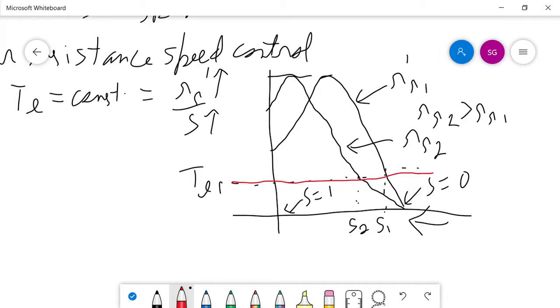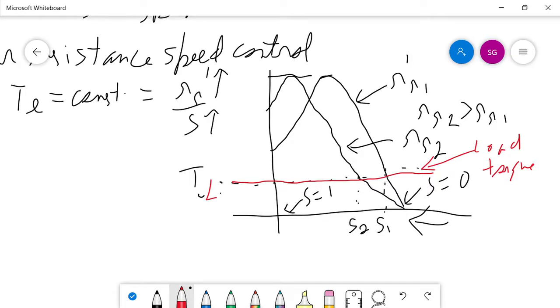Now we can remove this, and we can say this has to be our load torque. Now this was the operating point.